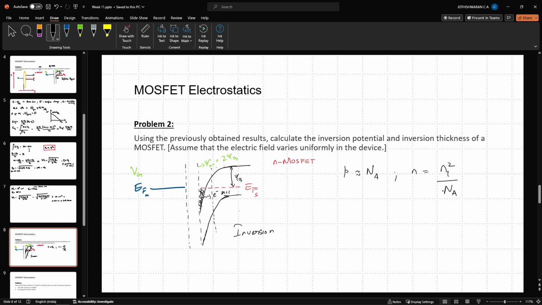This we know from our basic semiconductor devices theory.